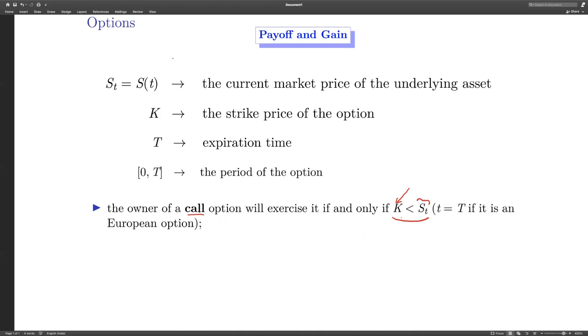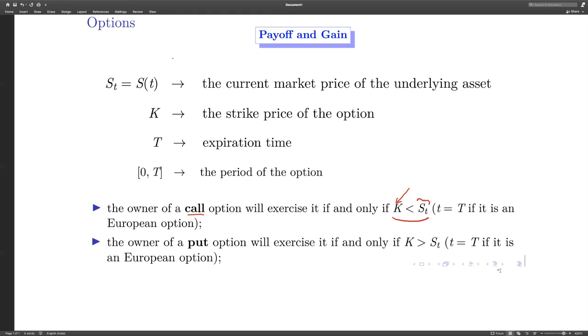Similarly, just think of what happens in the case of put option. Yes, in the case of put option, the holder will exercise the contract if and only if the strike price K is greater than S of T, because if you recall, in put option, the holder has the right to sell the asset.